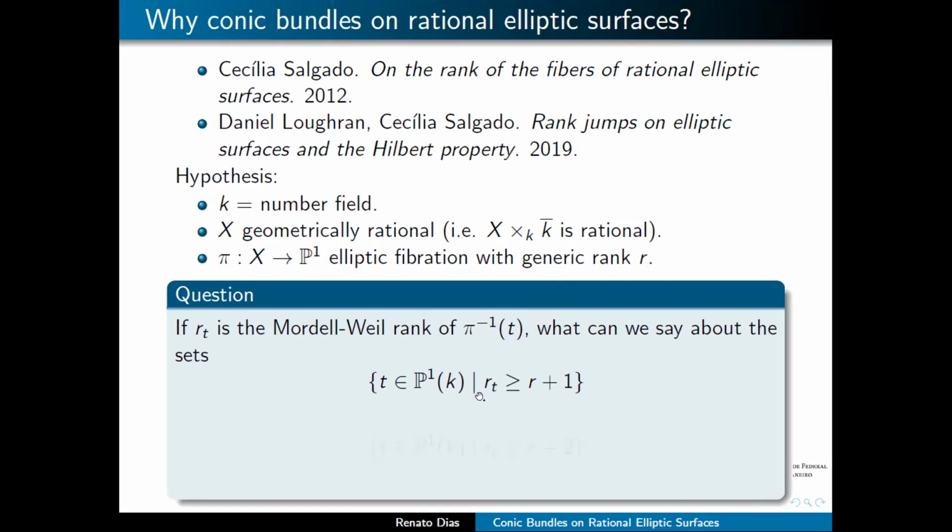So we are trying to compare the generic rank with the rank of a given fiber. We want to see what this set where the rank jumps looks like, and also where the rank jumps by 2.